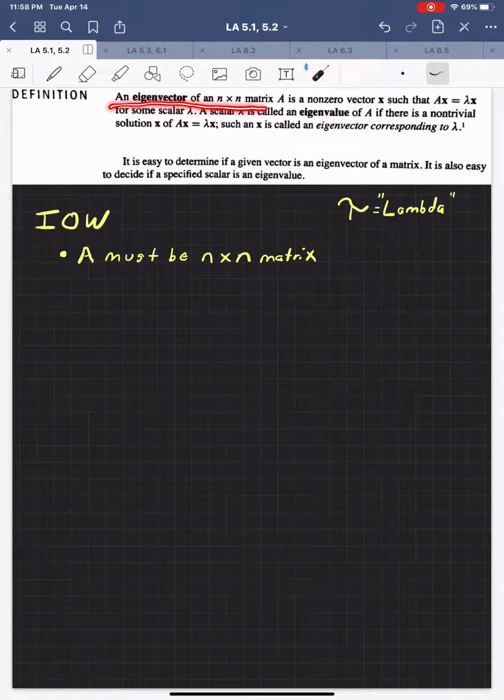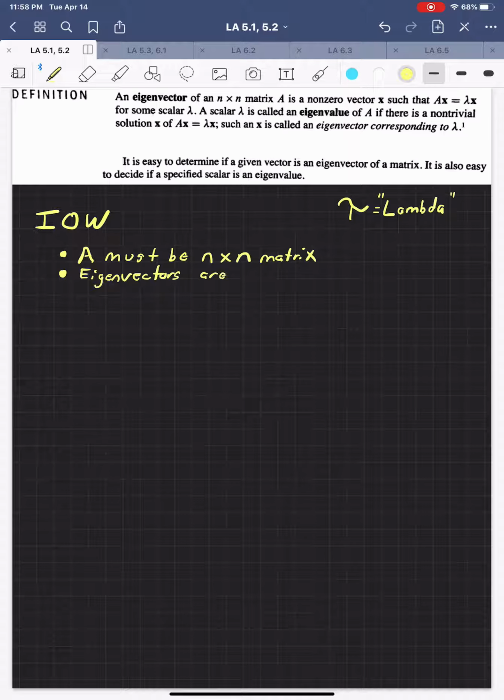An eigenvector of an n by n matrix A is a non-zero vector x such that Ax is equal to lambda x. Ready? Hold on. So when they say a non-zero vector x, what that means is eigenvectors are non-zero vectors.